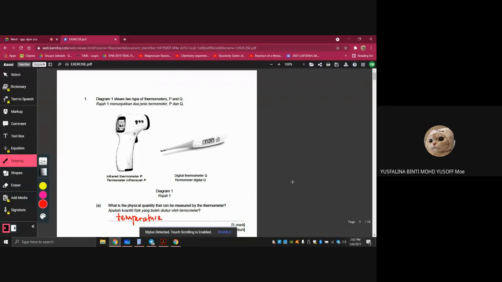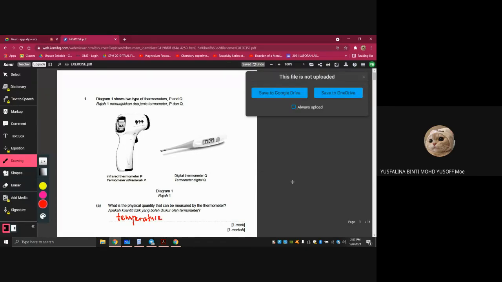So I give you an example, if some of you are still not sure. What is the physical quantity? What is the SI unit? What is the symbol? Let's say I have the momentum.